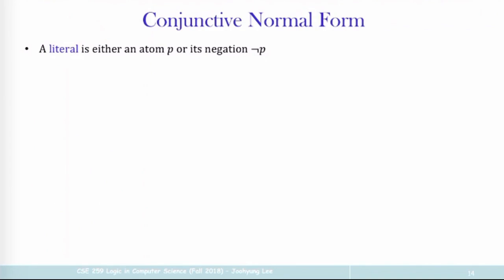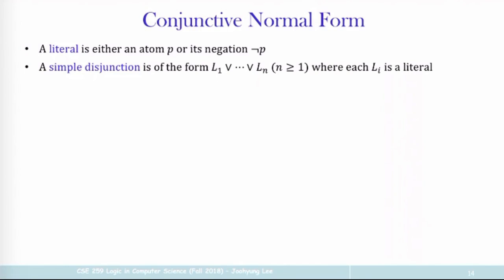This is a bit tricky, so we are going to do some quiz. Let's look at the definition carefully. We know what is an atom, right? So atom is P, Q, R. What is a literal? A literal is either an atom or its negation. And then we talk about simple disjunction. A simple disjunction is just a disjunction over these literals.